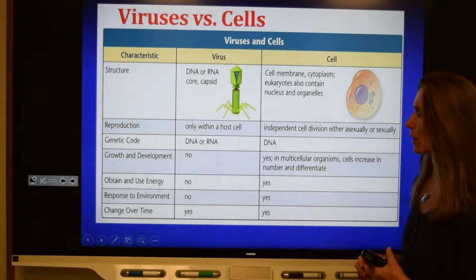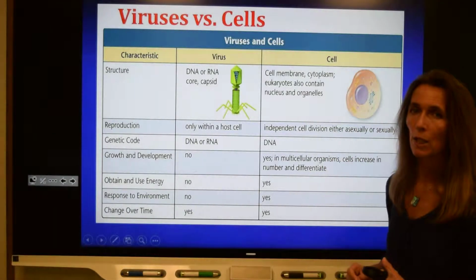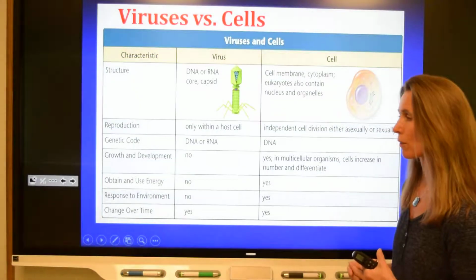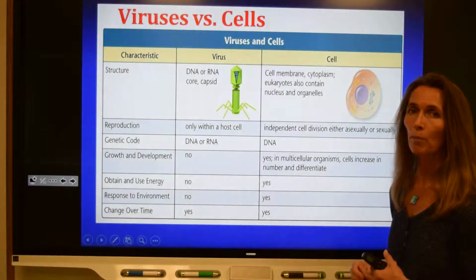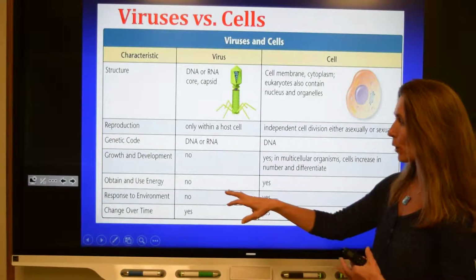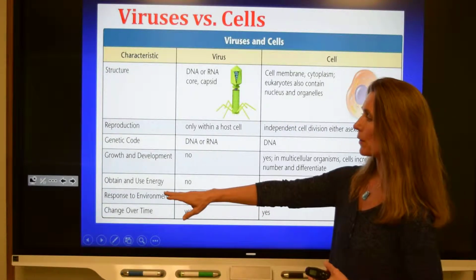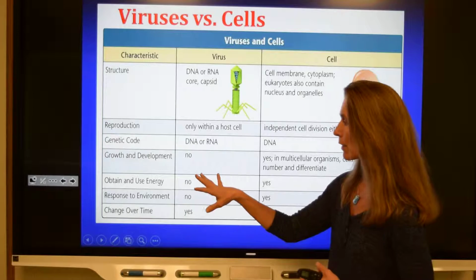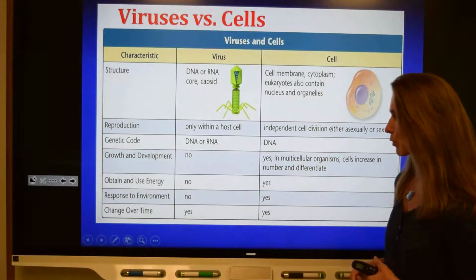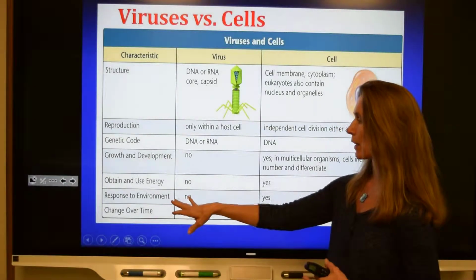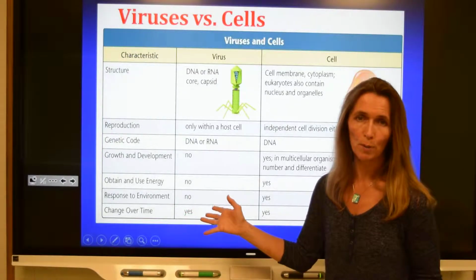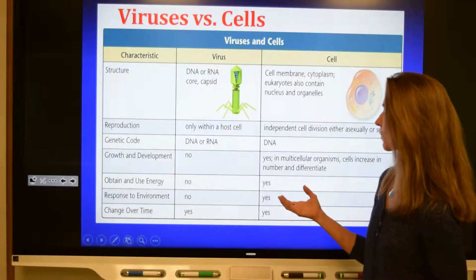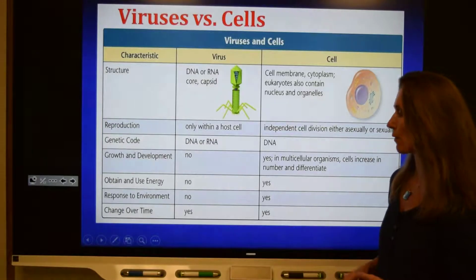We've talked about eukaryotic and prokaryotic organisms and in the general classification of life, that yes, there's development and growth within those organisms. Then, obtaining and using energy: viruses don't, other cells do. Response to their environment: viruses don't respond to their environment, other cells do.